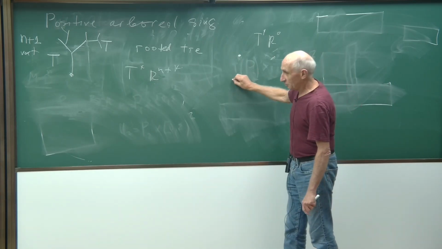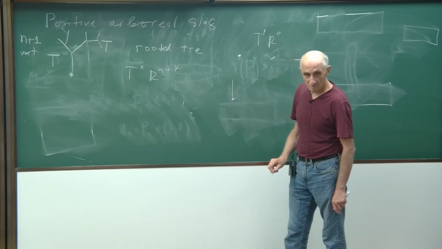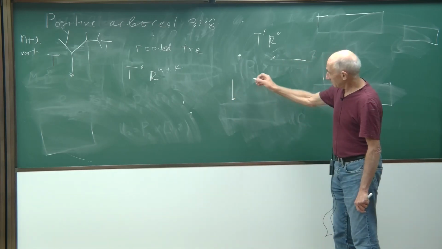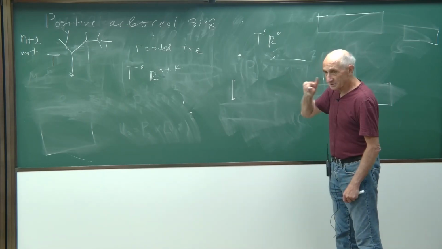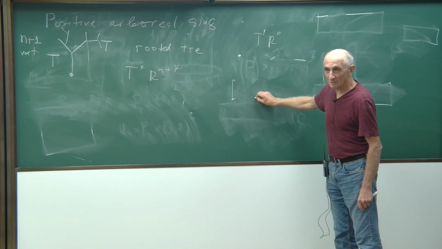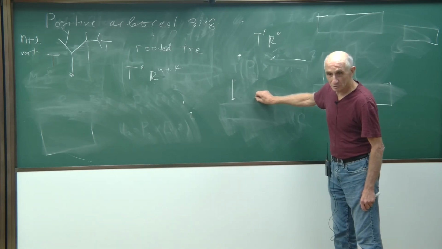Okay, so now you have two points connected by this tree, and this picture appears for the first time in T star of R in the 2-dimensional case.